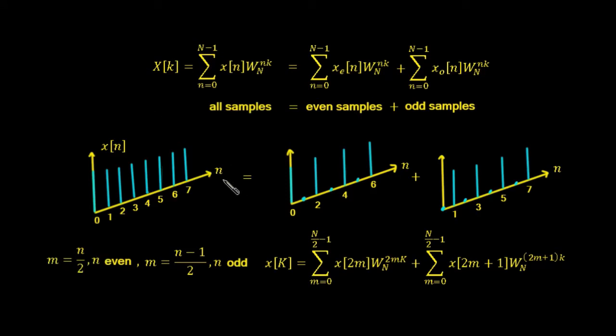But what we'd like to do is change the index here from n to a new index, which would be n upon 2. So that's this axis here decimated in time, so in effect split into 2. So we call the new index m, and we say m is equal to n upon 2 for all values for n is even. So that means in this example here, if we take the even components here, and if we have, say, the value 2 here, then the value m is going to equal 2 upon 2, which is 1.